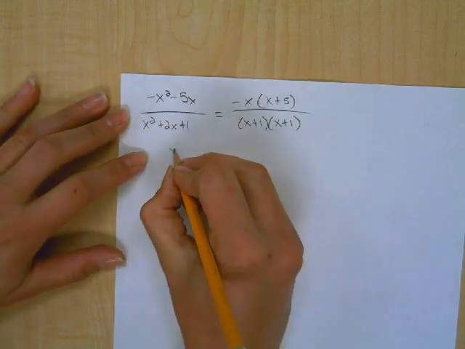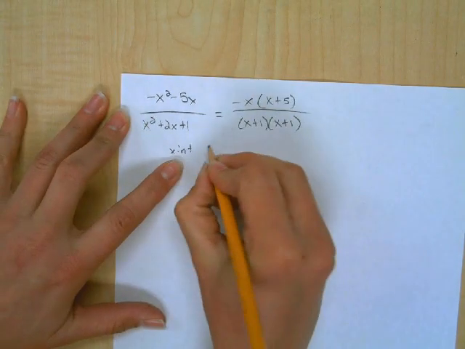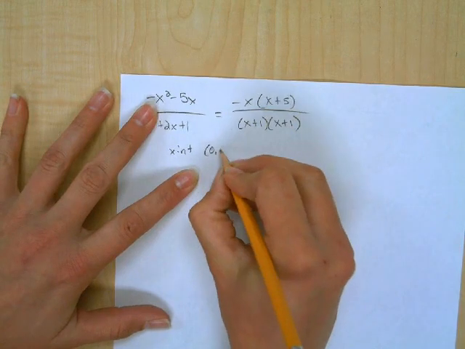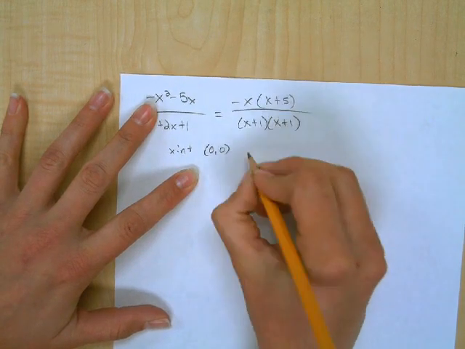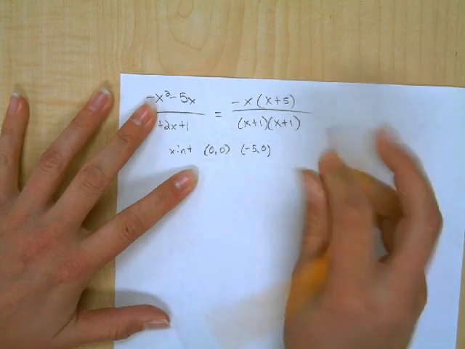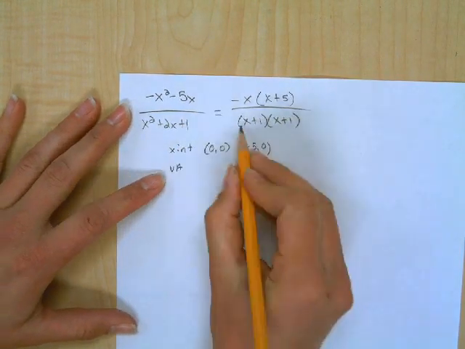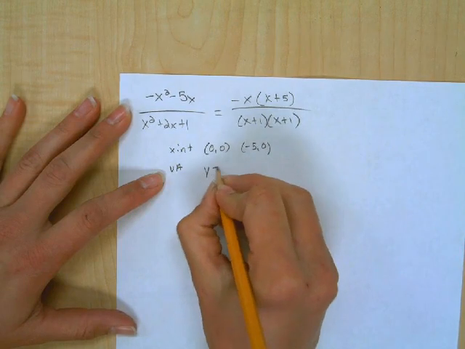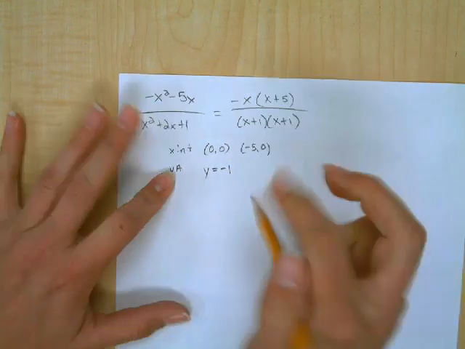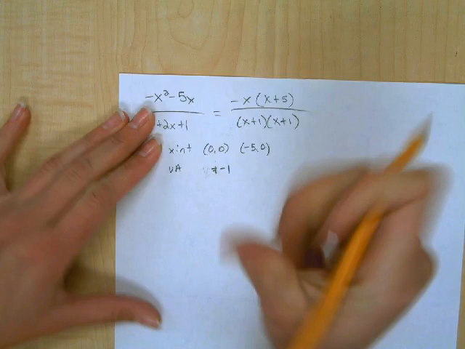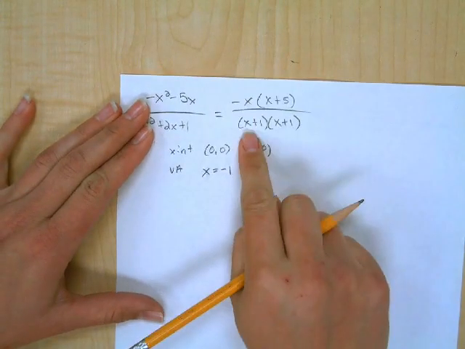I have an x-intercept at 0 and one at -5. That's because the top makes my x-intercepts. I've got a vertical asymptote at x equals -1, because of the bottom.